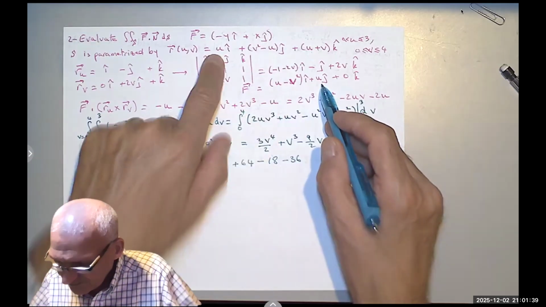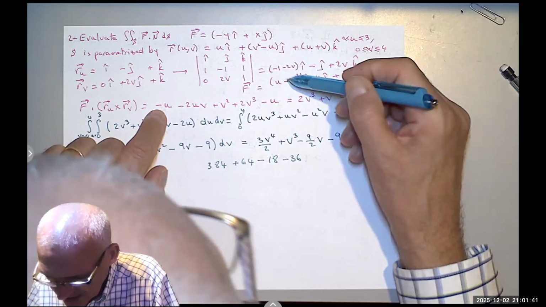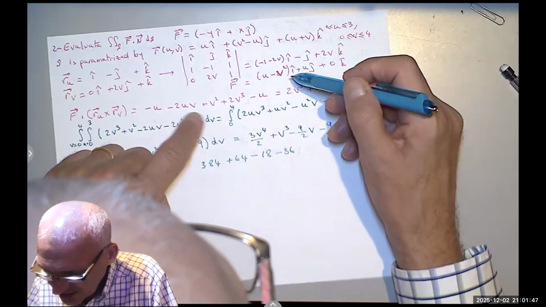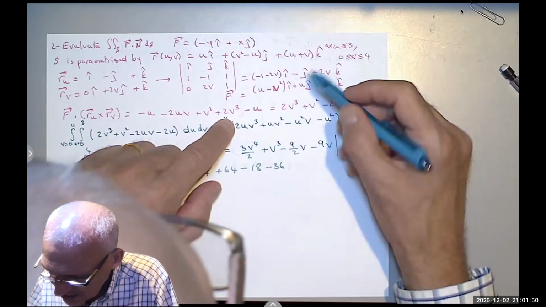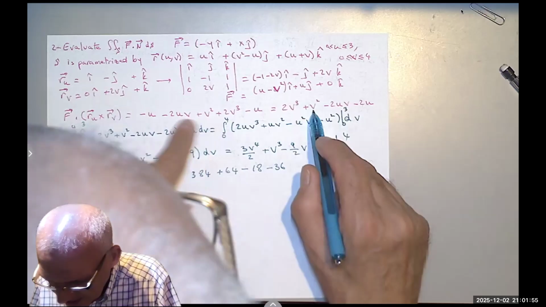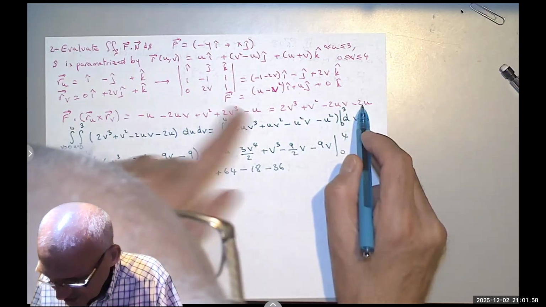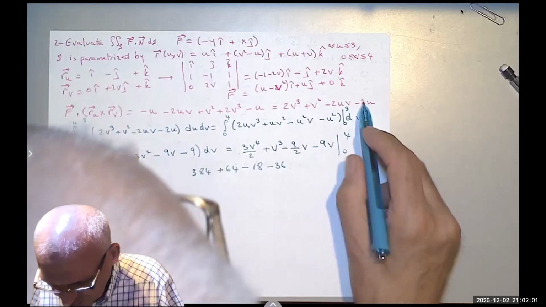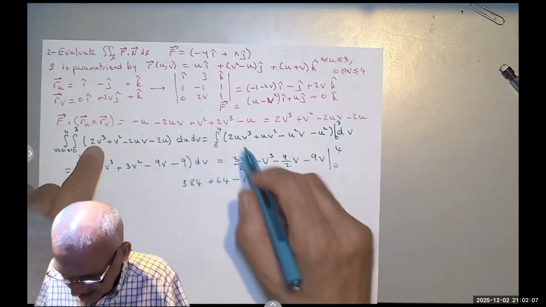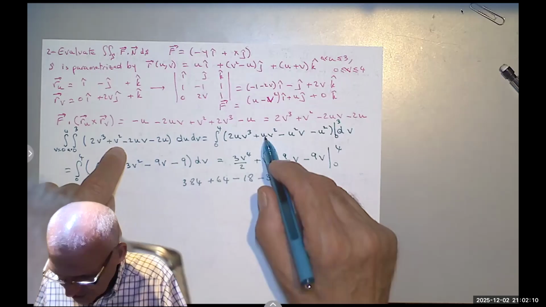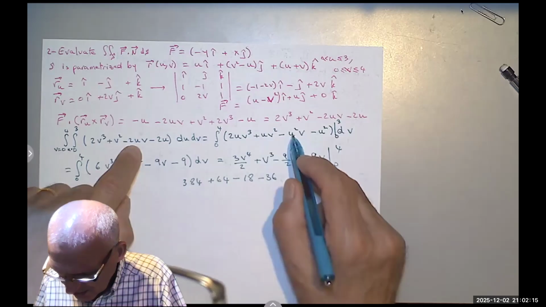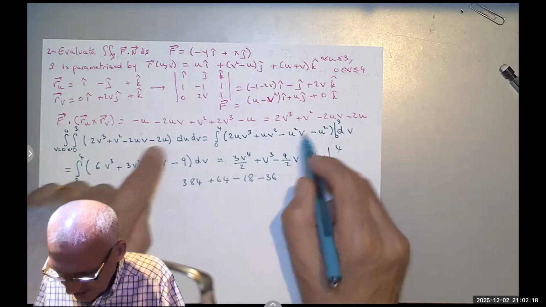And this is x. So you get negative u plus v squared minus 2uv plus 2v cubed minus u plus 0. So 2v cubed plus v squared minus 2uv, and negative u minus u is negative 2u. Now when I integrate, I get 2uv cubed plus uv squared minus u squared v minus u squared.